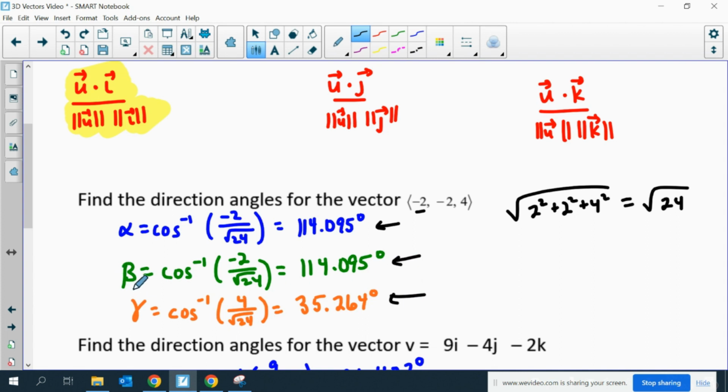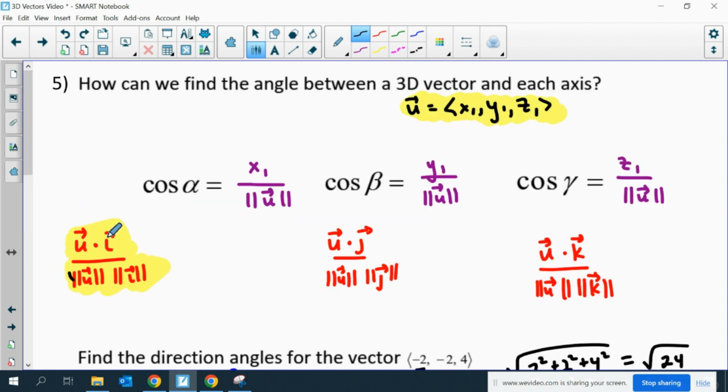So they're really not that hard. And if you forget, you can just use the formula that we have and realize that all we're doing is dotting it with the x-axis unit vector, or y-axis unit vector, or z-axis unit vector.